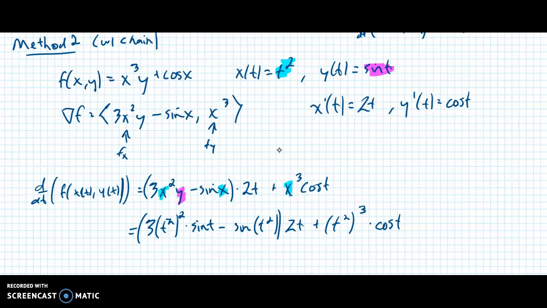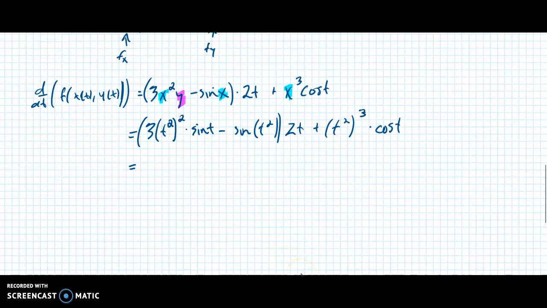Now notice everything's got t's in it. A little better now. But let me go through. I'm going to distribute this 2t in. I got 3 times t squared squared. That's t to the 4th. So I got 3t to the 4th times 2t. That is 6t to the 5th. All right, that gets multiplied by sine t. And then minus 2t sine of t squared.